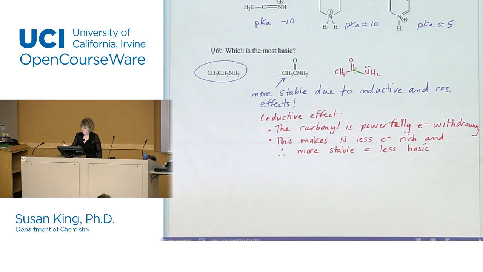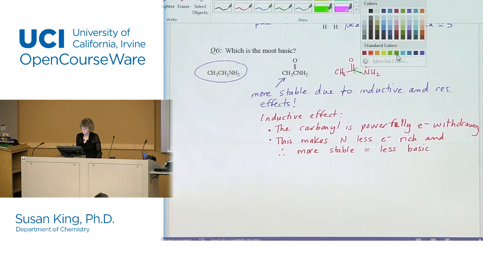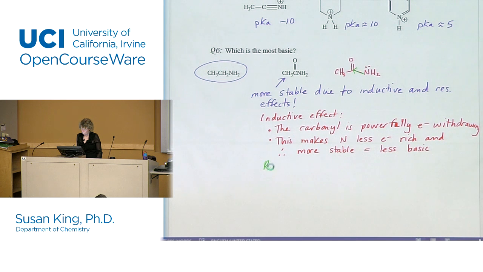We also have a really powerful resonance effect. Okay, and we know that amides are stabilized by resonance. And that's really important for an amide because the nitrogen's pretty basic.